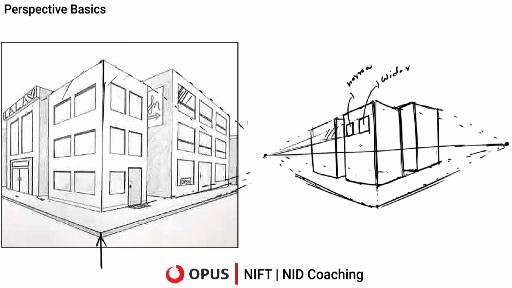The same thing, if you now extend this line, this will also give you an idea about where this is going to be. Once you understand the concept, then you can just eyeball and draw all the windows and the doors.